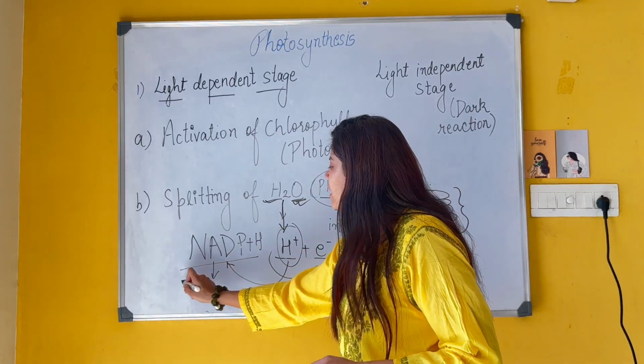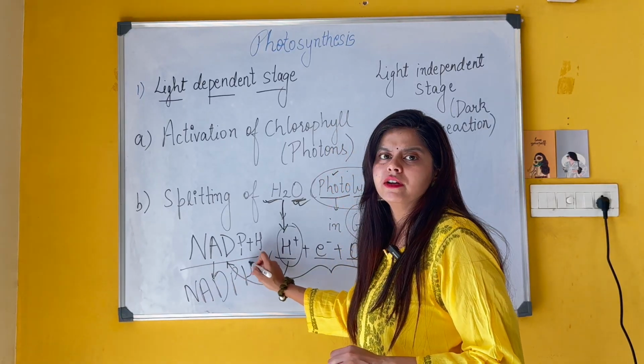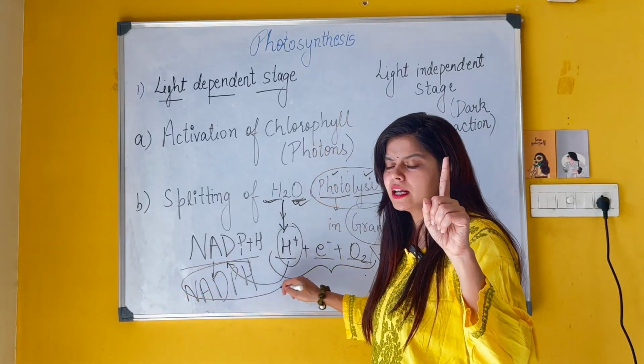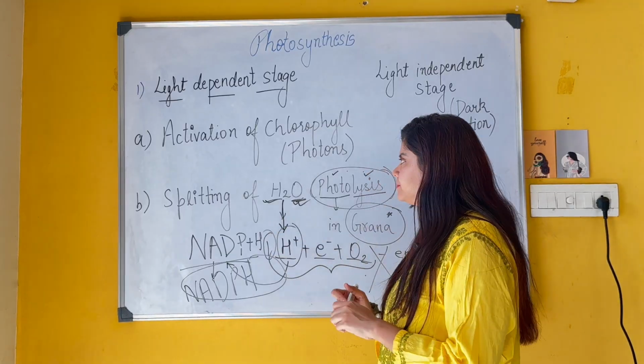And now what will be formed? NADPH, which is a higher energy compound. So the first end product of the light dependent stage is NADPH.